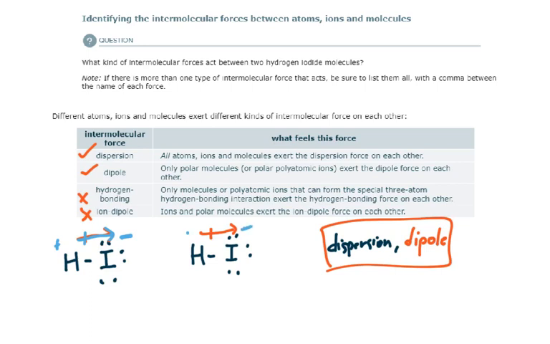So this negatively charged region of this hydrogen iodide molecule has an electrostatic attraction to positively charged regions of other hydrogen iodide molecules. And so I've got this electrostatic attraction between these two regions here, and there will be a little bit of holding there, okay, because of the difference in charges caused by the dipole or polarity.